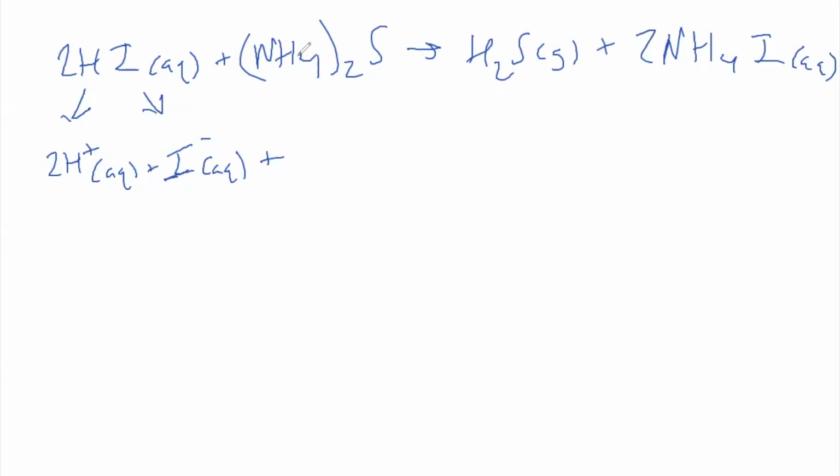So if you look on your chart, you're going to see this is ammonium. So ammonium will separate from the other part. So you'll have NH4 plus, and there's 2 of them, so put 2 in front of here. And then sulfur, 2 minus charge.